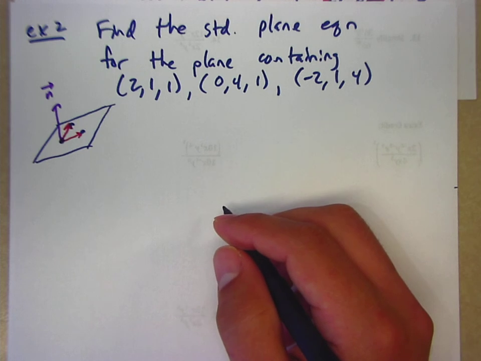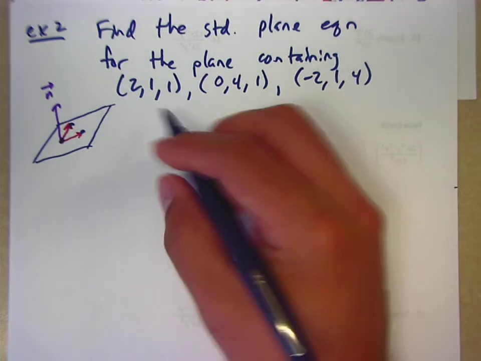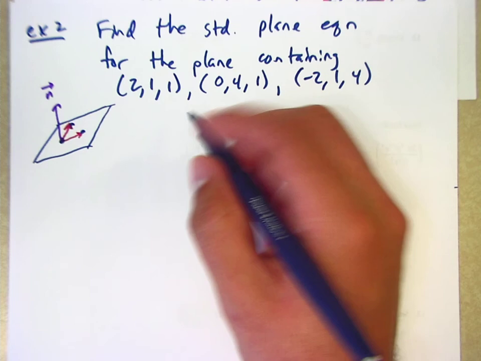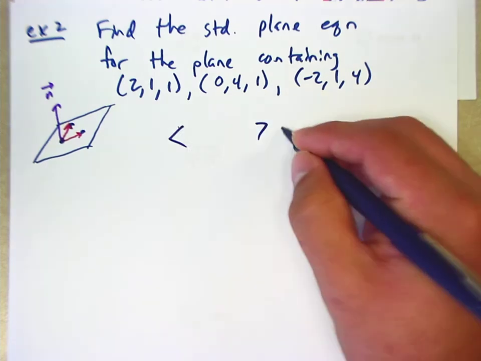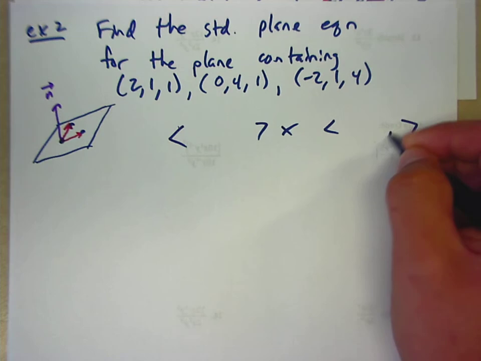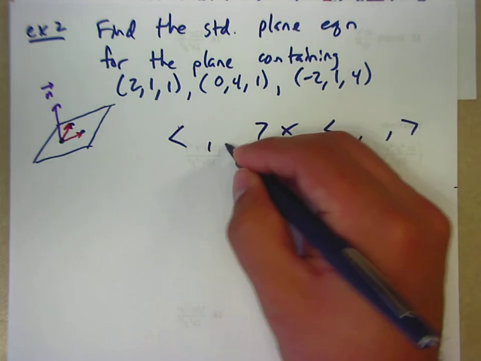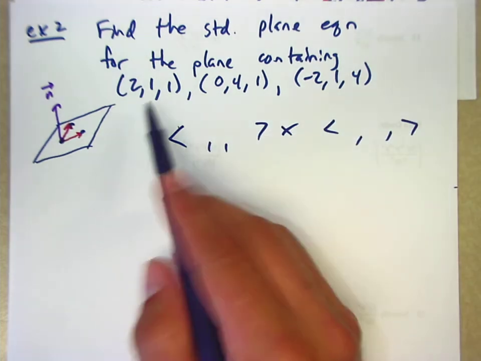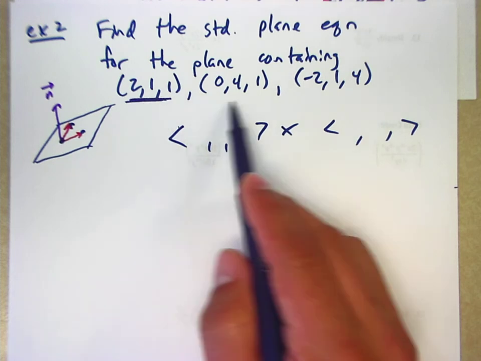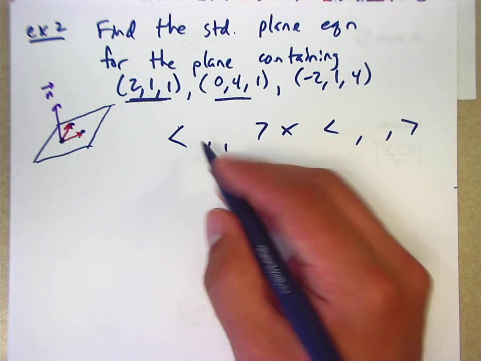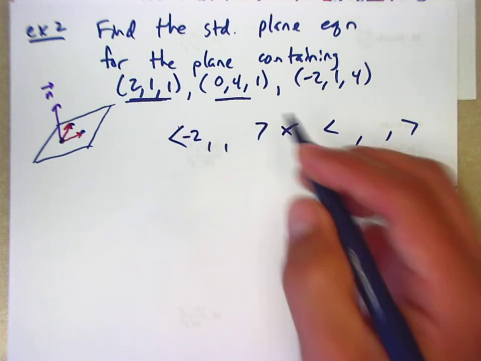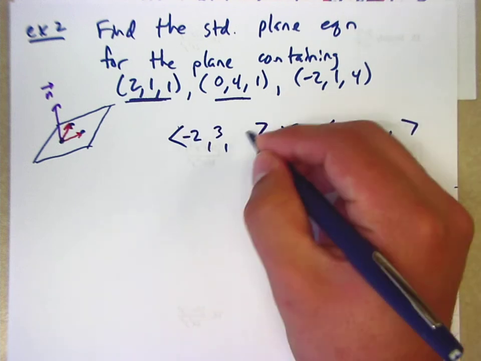So let's go ahead and create two vectors, and then we're going to cross those. Okay, so if I go from first point to second point, I'm just going to write that vector in component form. So that'll be -2, 4 minus 1 is 3, 1 minus 1 is 0.